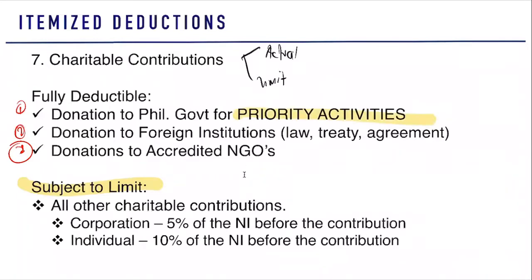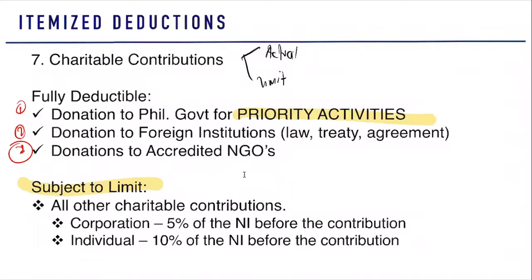Sir, what are these priority activities? So these are your different activities marked by the government as a sector or industry that is prioritized on its different projects. So what are the normal priority activities of the government? We have your education, health, youth, sports development, culture, economic development.